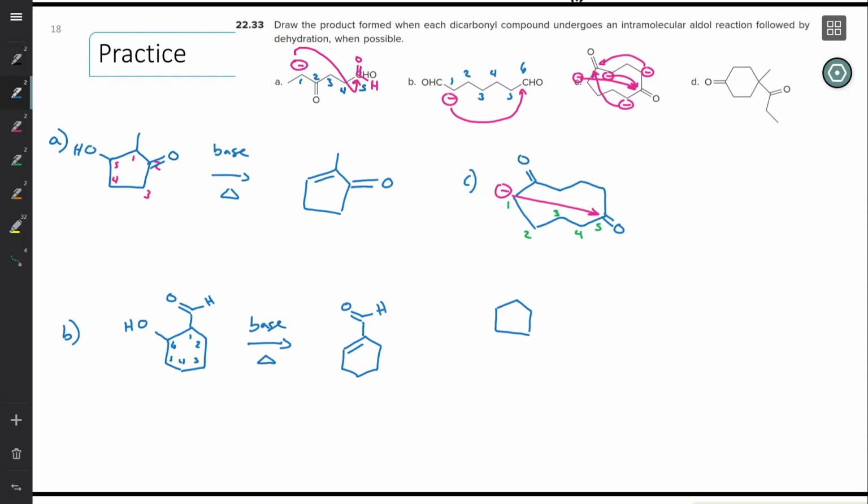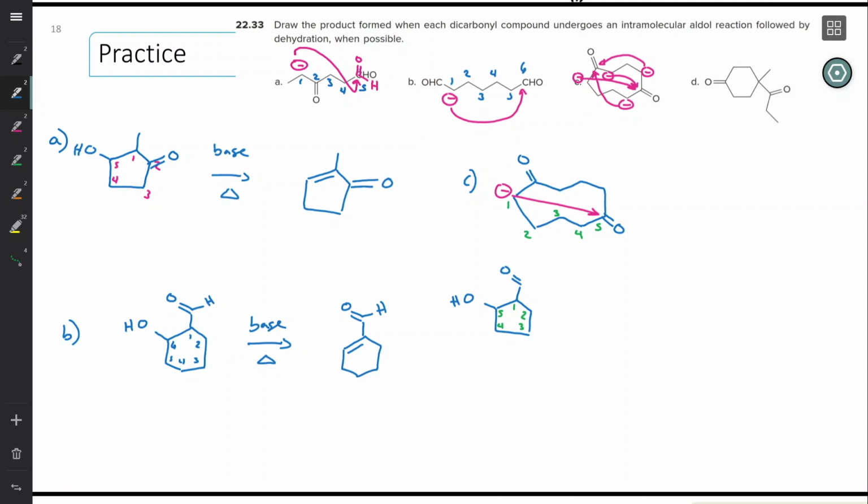But then out of that ring, let's make one. Well, 1, 2, 3, 4, 5. Okay, so 1 has my ketone coming off of it. Oh, I drew this backwards. Okay, and 5 has my alcohol.